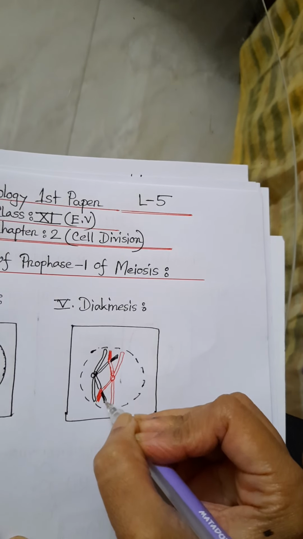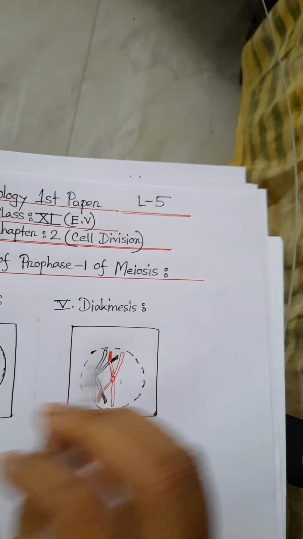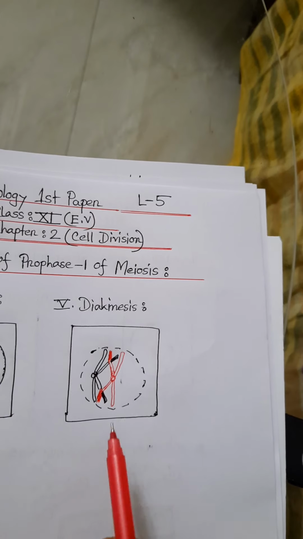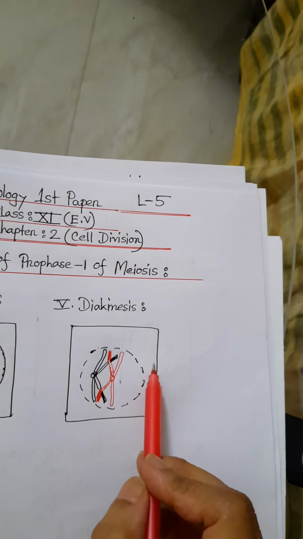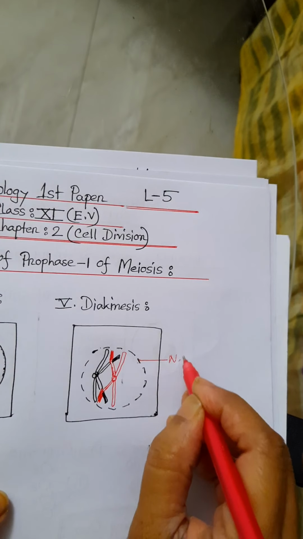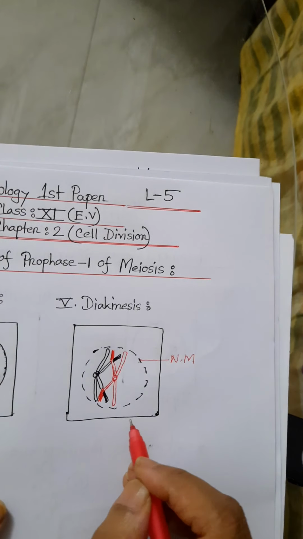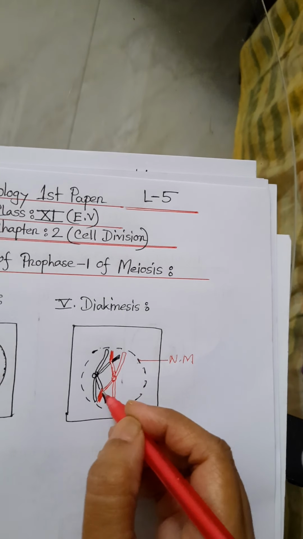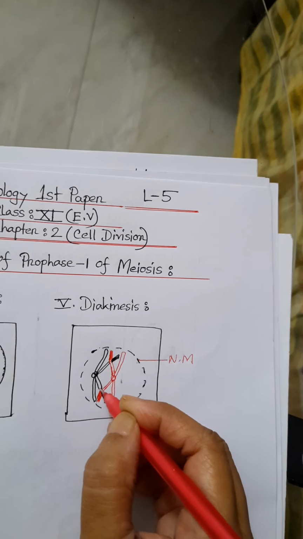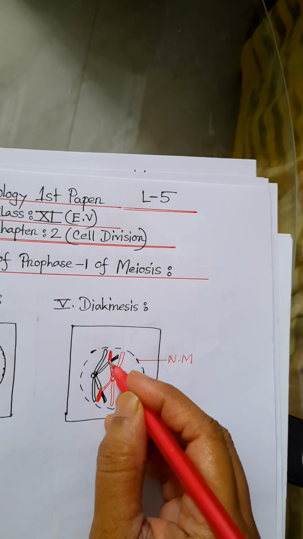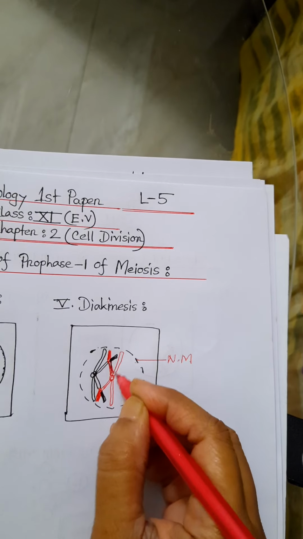I think you are clear. Almost invisible nuclear membrane, and exchange of parts of the chromatid: the black color gets a red portion and the red color gets a black portion.